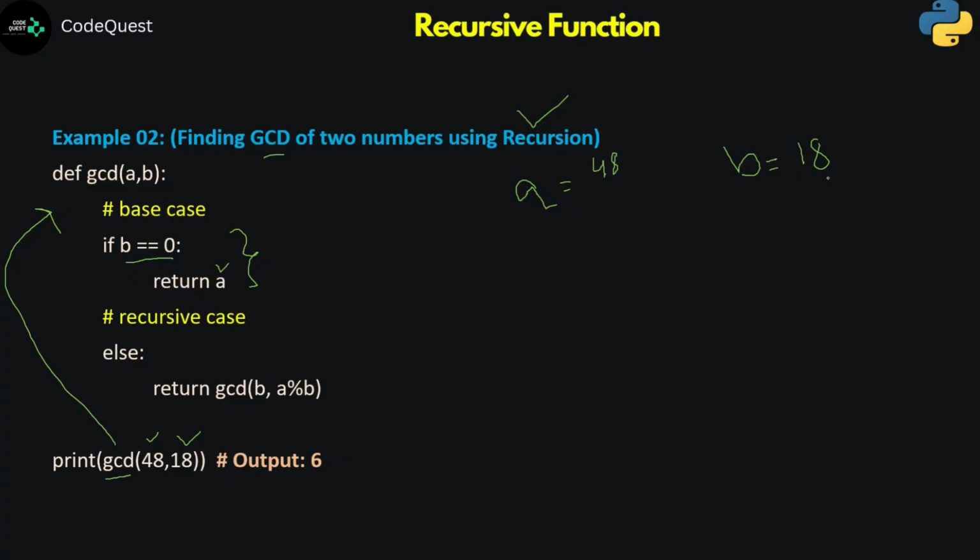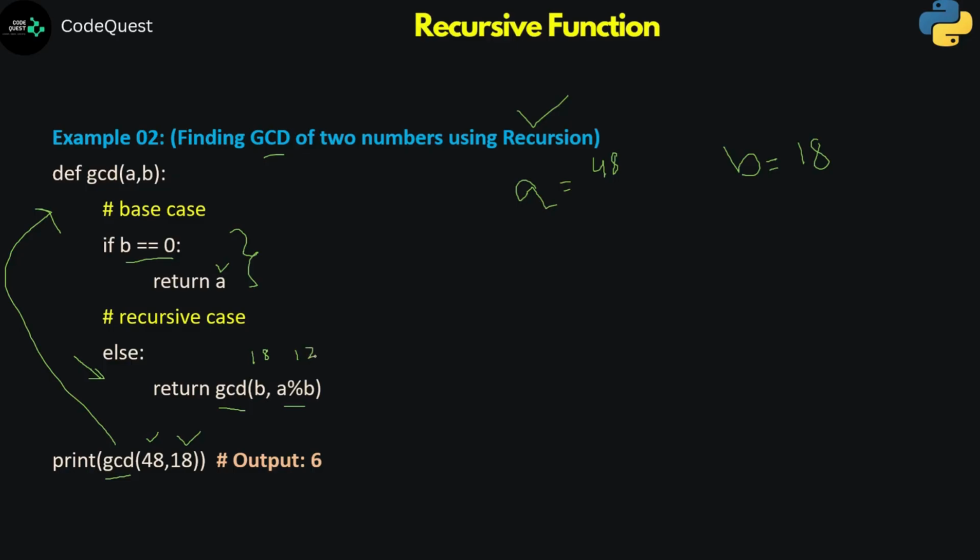Now because B is not 0, hence we come to the else part where we have the recursive call. So here we are calling GCD with B value. What is the B value? This is 18. Now, comma, A percent B, that is 48 percent 18. So 48 when divided by 18, the remainder is 12.